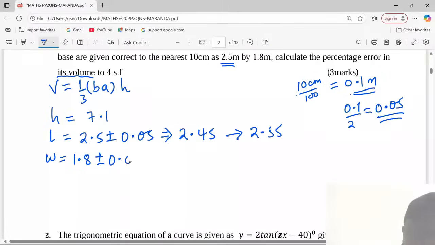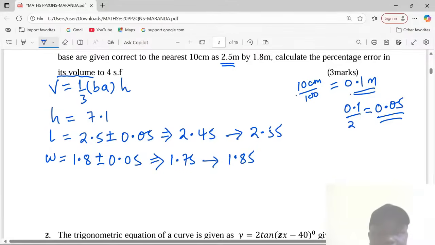So we use the same absolute error. This shall give us 1.75 all the way to 1.85 meters. So we have a range of the length recording and a range for the width recording. That's what you're supposed to understand.